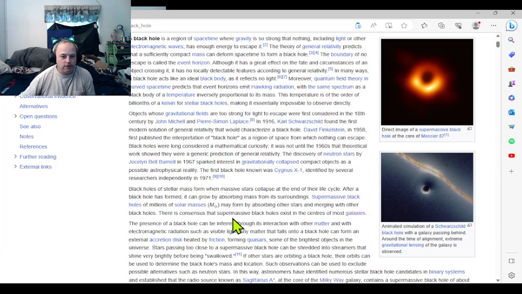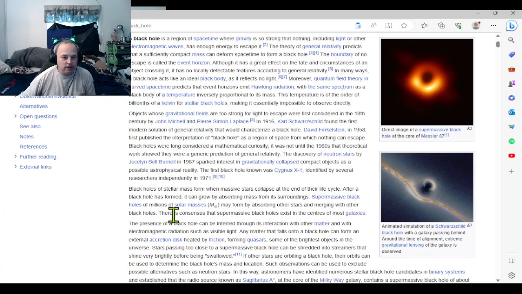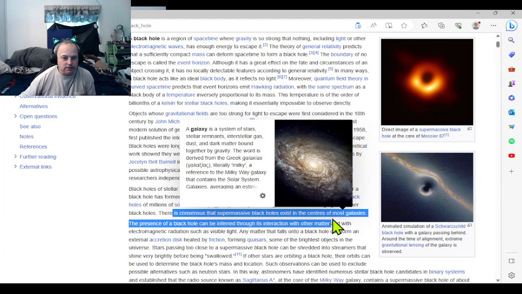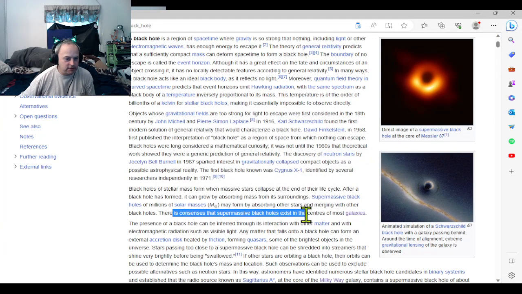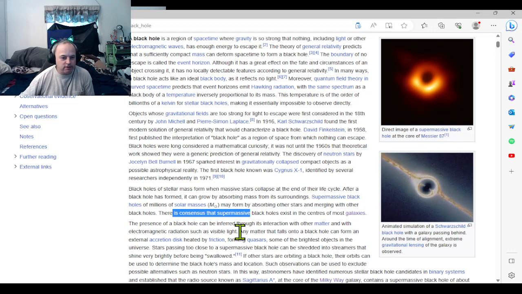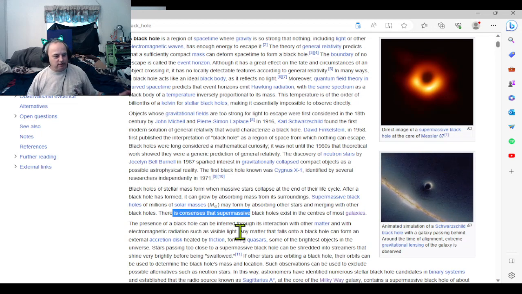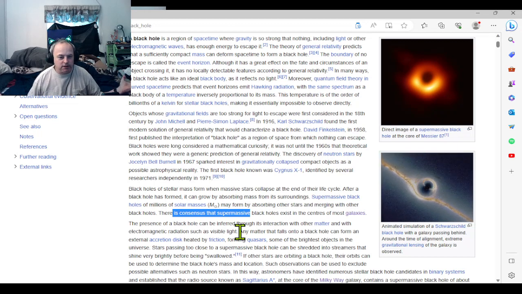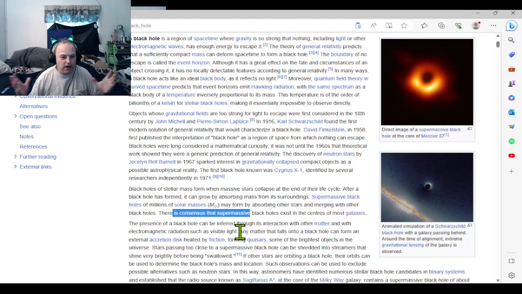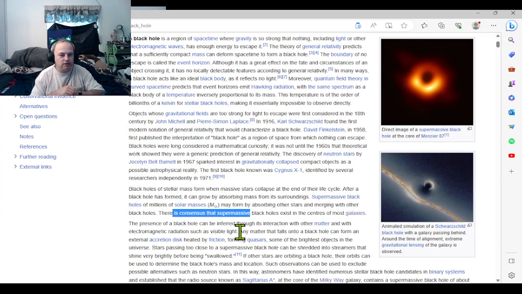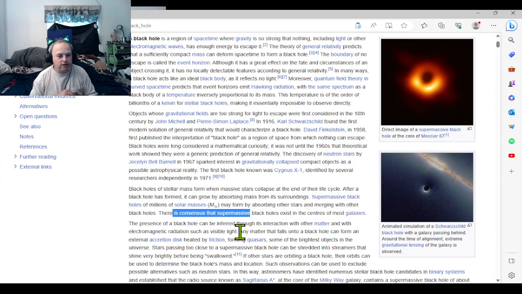And so then it's a supermassive thing, and there is a consensus that supermassive black holes exist in the center of most galaxies. So this black hole is in the center of a galaxy, and it is slowly eating away. So this is basically the galaxy dying. It's being swallowed up, and it draws everything into it within the entire galaxy.